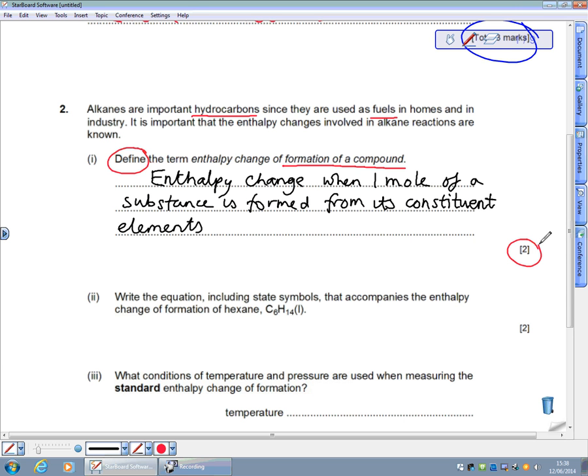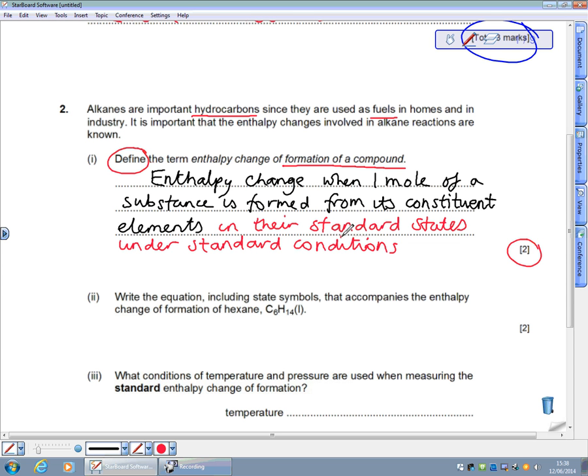So I'm going to add the constituent elements in their standard states, and this is all done under standard conditions. And we know that they are 298 Kelvin and 100 kilopascals. Again, you might want to make sure that you have a card with the enthalpy change of formation on.